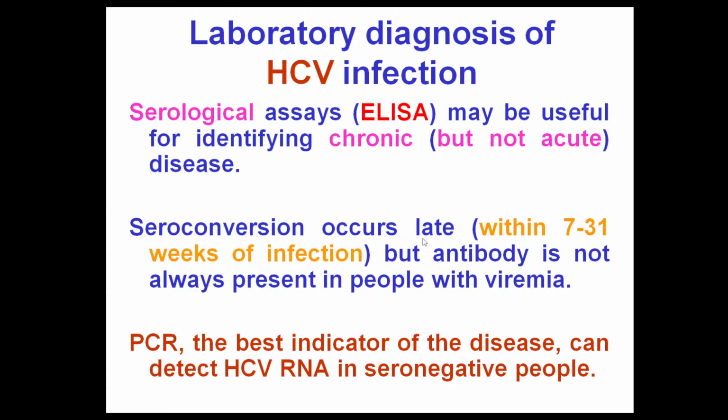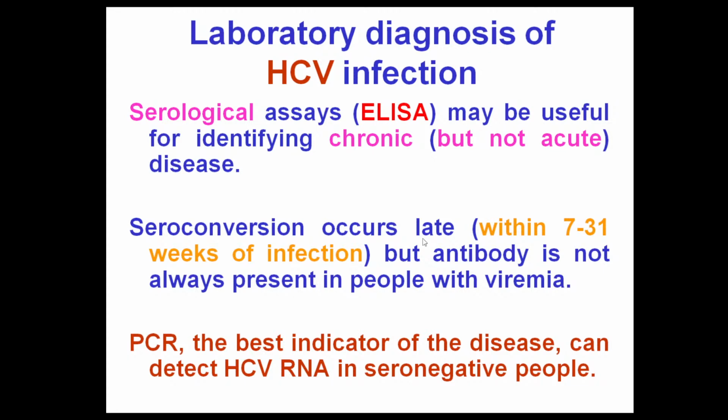But usually antibodies are present, and quite often antibodies may not be present in people in whom viremia can be seen. So that's why the most accurate, specific, and reliable test for hepatitis C infection is the polymerase chain reaction.